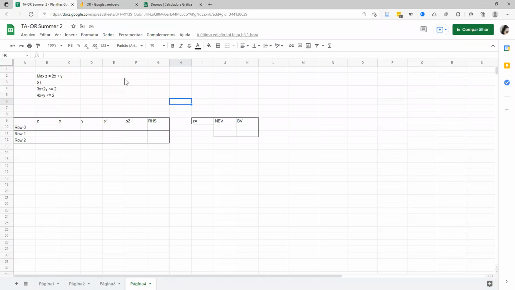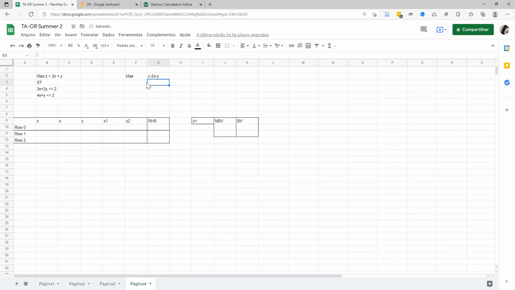Let's begin to think about how this can be translated to our simplex algorithm tables. First, we have to change this problem to standard form. So it's z minus 2x minus y.